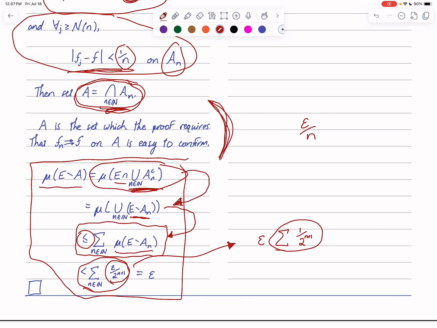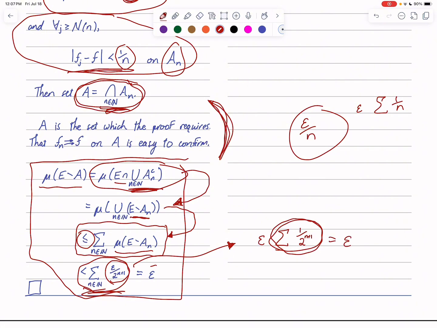Well, if you move epsilon out of the sum and had this, that's the harmonic series, and that does not converge. So that's a bad choice too. The reason for choosing specifically 1 over 2 to the n plus 1 was that it's a geometric series, and we know that it converges. In fact, it converges to 1, so that this is effectively epsilon.